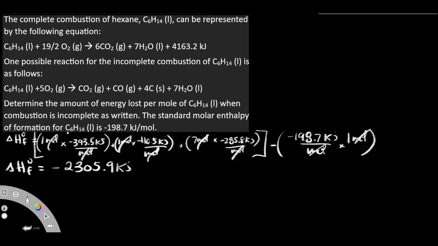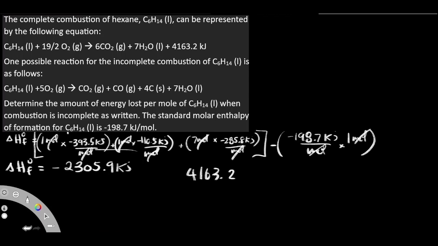Now, the question is also, remember, asking for the amount of energy lost per mole of C6H14 when combustion is incomplete. So we have the reference of what it would have been if it was a complete combustion. It would have been 4163, so it would have been this value.